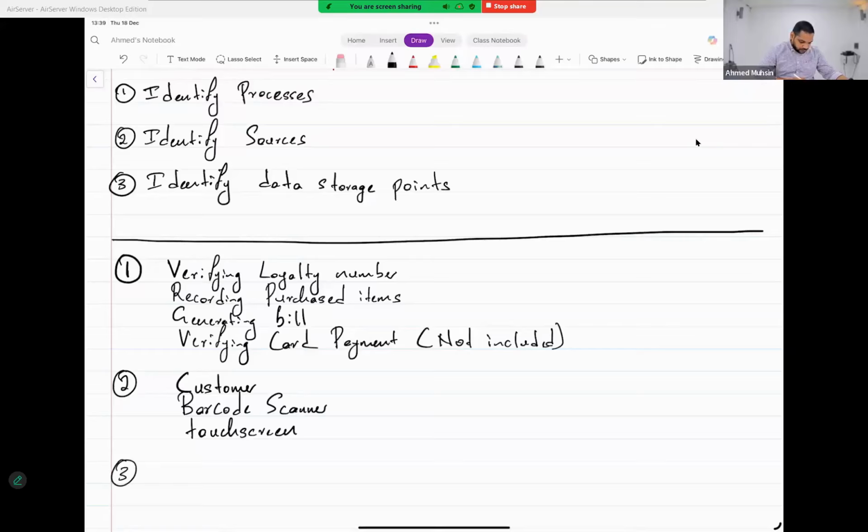Number 3, your data storage points. Customer database for sure. We definitely need a customer database. Customer database is to record their loyalty points.